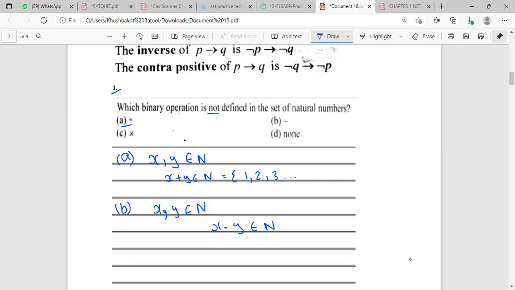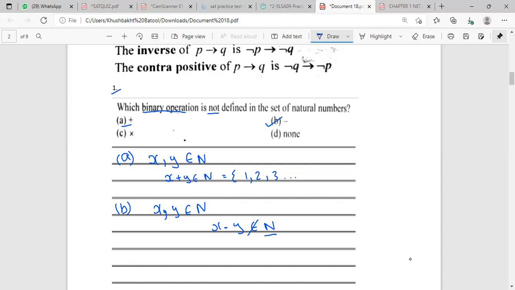And we do not have negative numbers in the set of natural numbers. So x minus y does not necessarily belong to the set of natural numbers. This is not closed. For a binary operation, we only need the closure property. So B would be the answer, right?